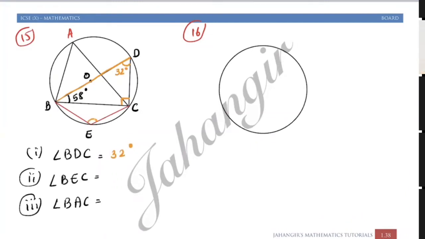If you can see, BDCE is a cyclic quadrilateral. So opposite angles are supplementary. So BEC के लिए we can write 180 minus 32, that is equal to 148 degree. Done.